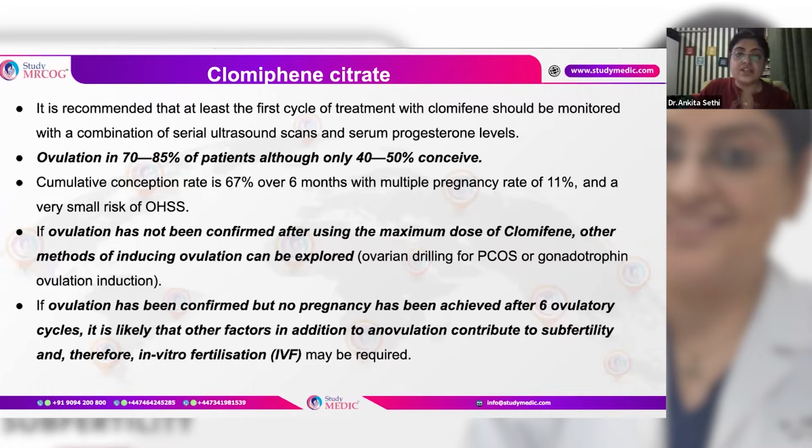If ovulation has not been confirmed after using the maximum dose of clomiphene, then other methods of inducing ovulation can be explored, like ovarian drilling for PCOS or gonadotropin ovulation induction. If ovulation has been confirmed but still no pregnancy has been achieved after 6 ovulatory cycles, it is likely that other factors in addition to anovulation contribute to subfertility and therefore IVF may be required.